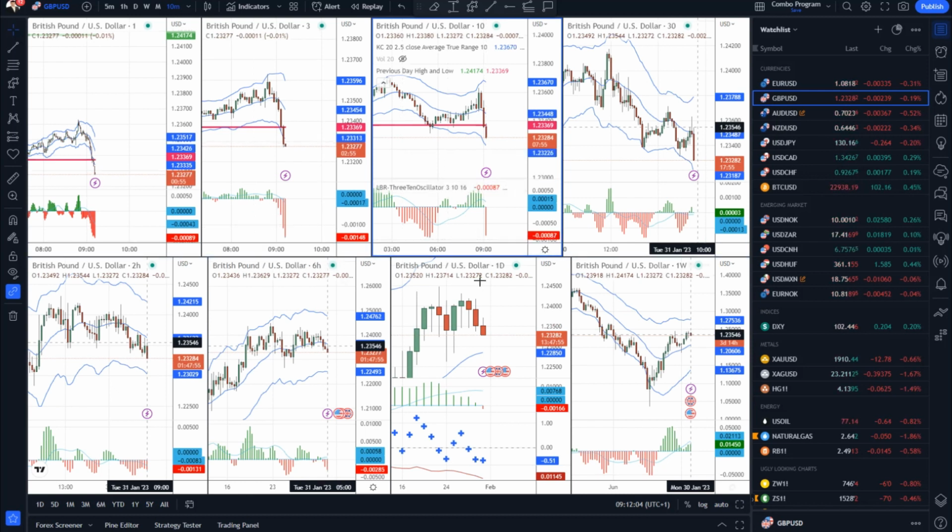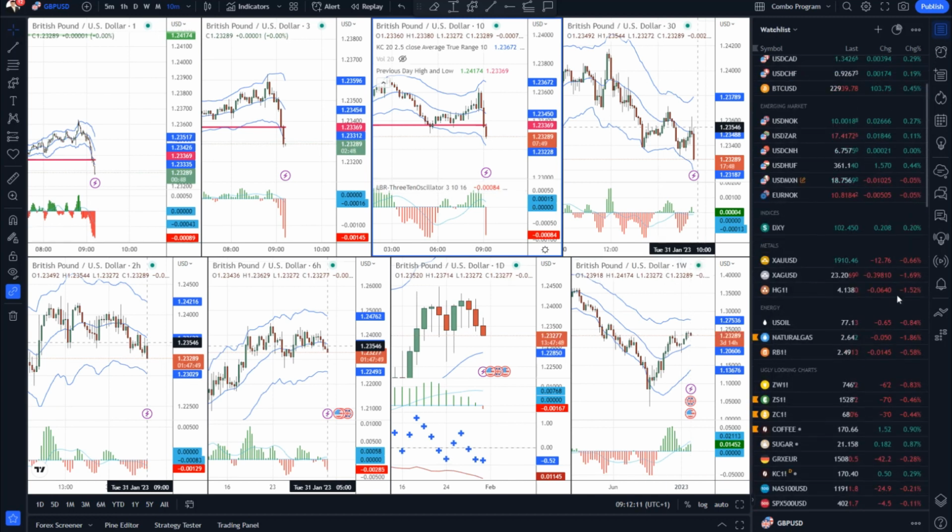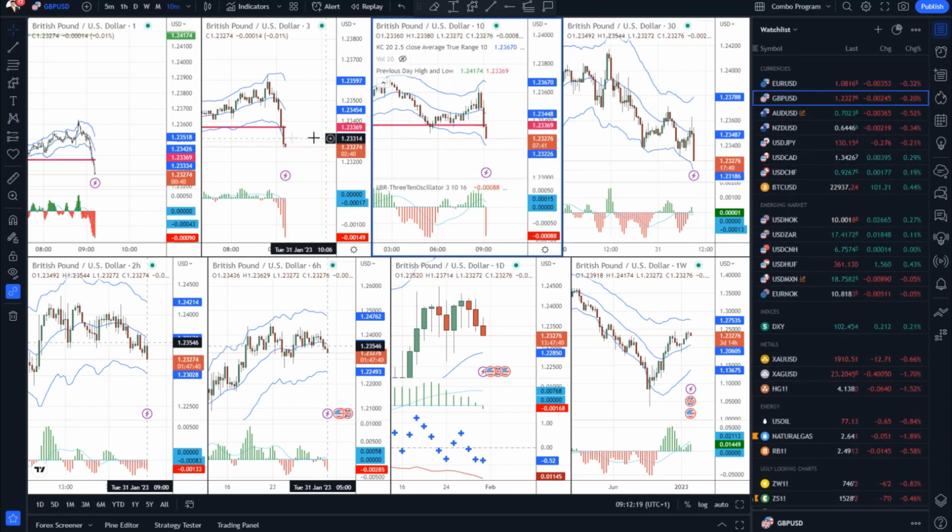So pay attention to this previous day low and how the market will behave around it. But upside opportunities will be preferable to watch if we see this exhaustion or extreme condition or climaxes and so on.